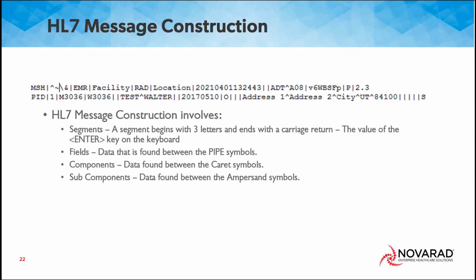I'll back up just a tiny bit to talk about HL7 message construction. An HL7 message is made up of segments. A segment, in this case, is a line of text. It begins with a little three-letter word.